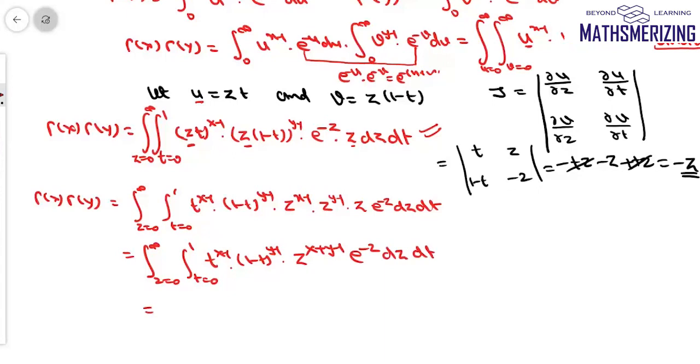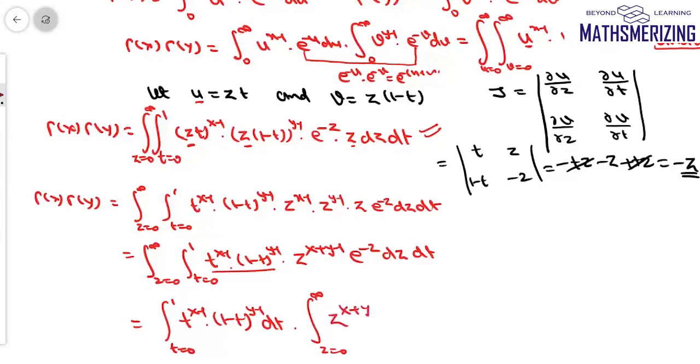Now I can separate this integral in terms of t and z. So I can write this integral as t from 0 to 1, and then we have t to the power x minus 1, (1 minus t) to the power y minus 1 dt, and then for z we have z from 0 to infinite, and here will be z to the power x plus y minus 1 e to the power minus z into dz.